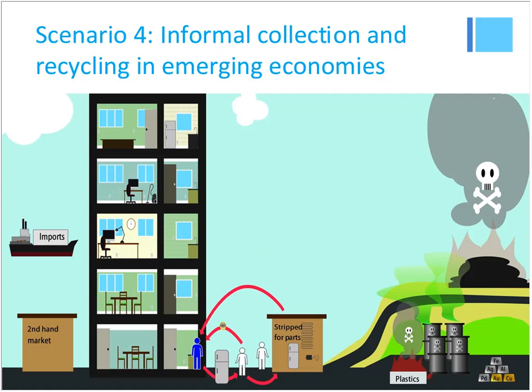And the last scenario is, of course, in emerging economies. In many cases the informal collection is rather efficient, but it is not going to controlled channels, but rather into scavenging and local small recyclers, and sometimes into waste dumps.